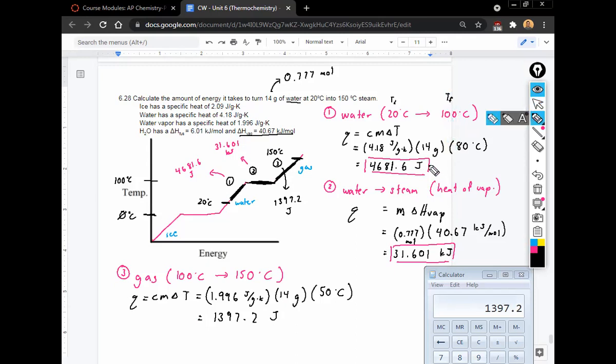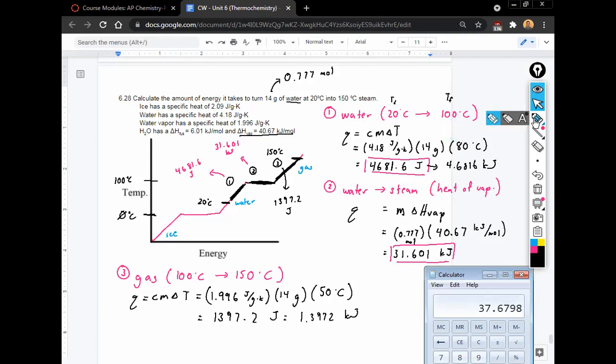So we're going to turn these all into kilojoules, move the decimal 3 times to the left. That'll be 4.6816 kilojoules. 3 times to the left, that's going to equal 1.3972 kilojoules. If you keep it in joules, you'll get the same answer, just in joules. And then we're going to add it all up. So 4.6816 plus 31.601 plus 1.3972.